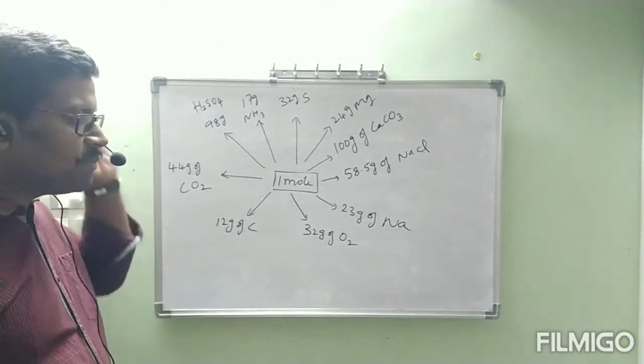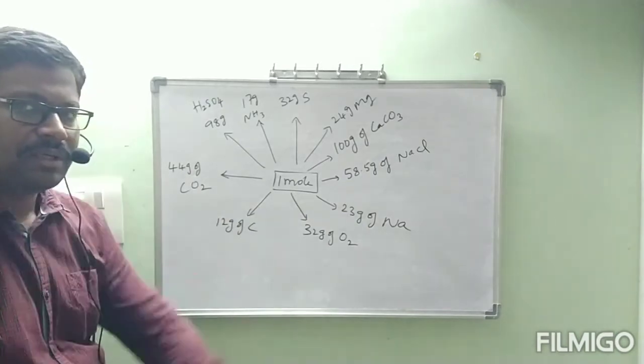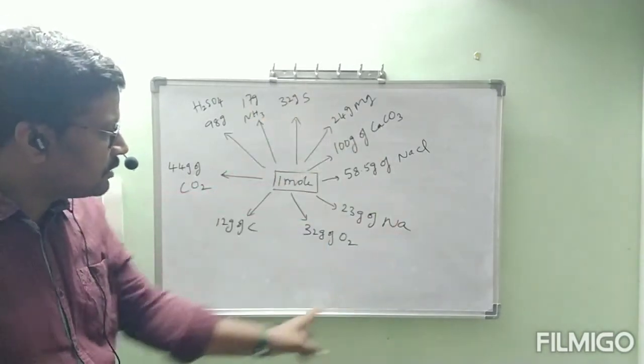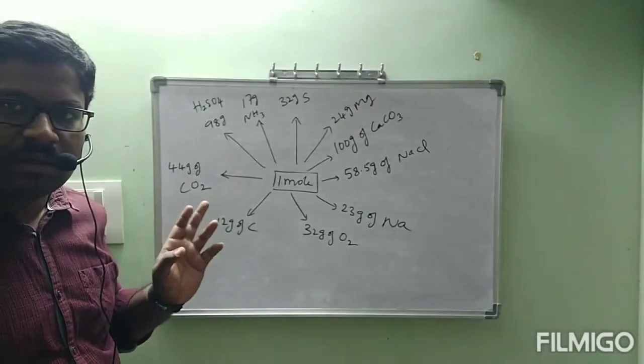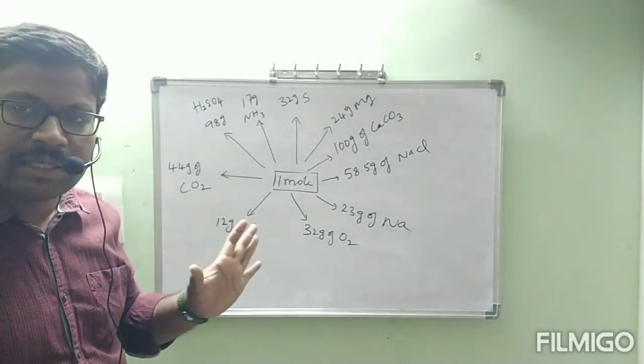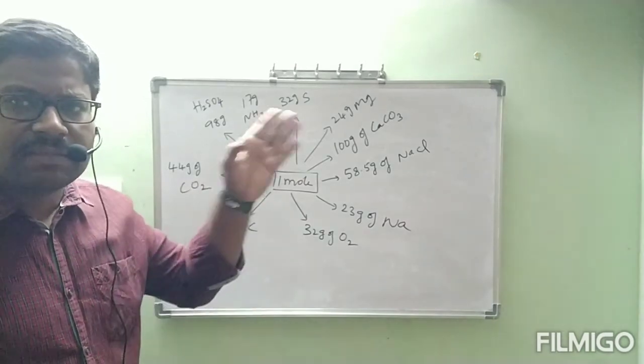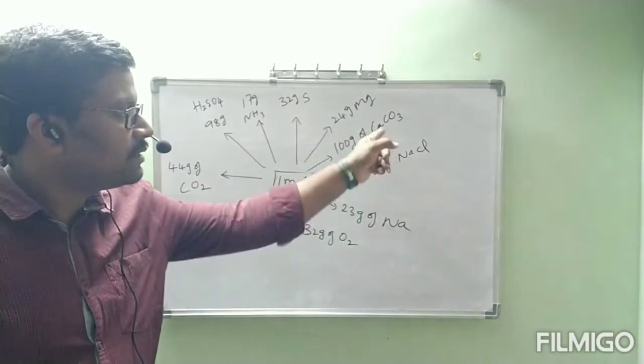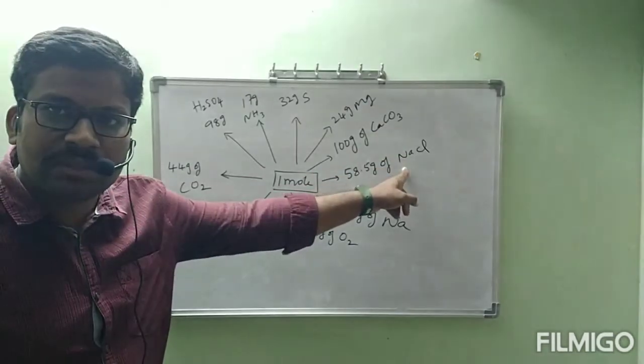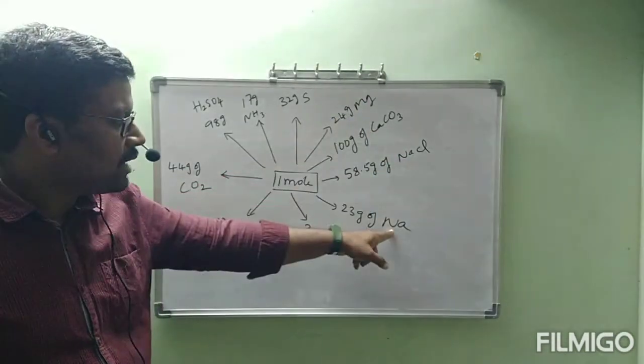Okay, this 1 mole concept is that much important. Everything I wrote on the board contains 1 mole of particles. Those particles might be molecules or atoms. If it is molecular weight, gram molecular weight, these are molecules. If it is an element, atoms.